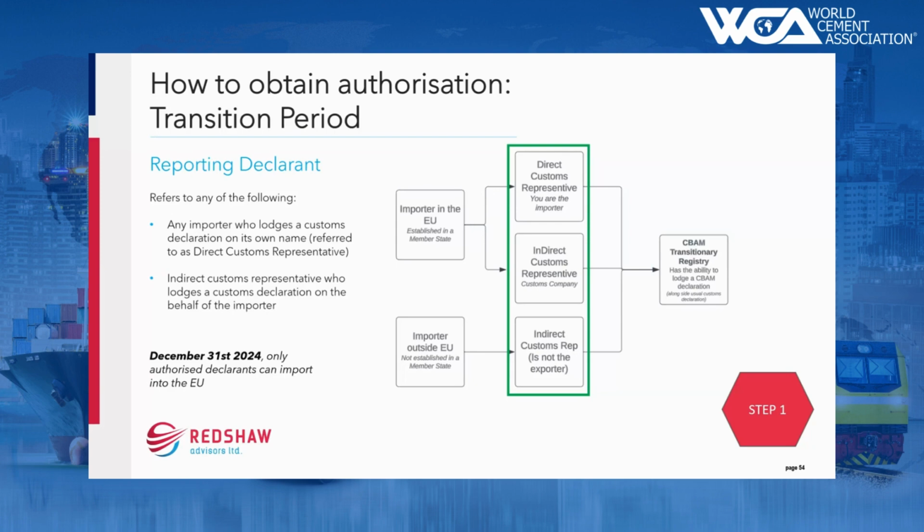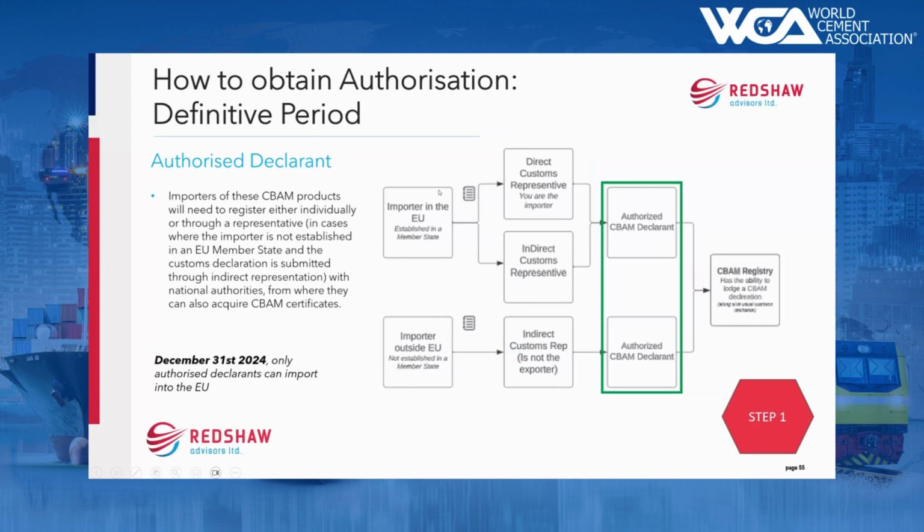So there is a bit of flexibility. I do want to mention that it changes during the definitive period, where we introduce the authorized declarant. So there is a bit of movement between the transitional period and the definitive period on this topic.